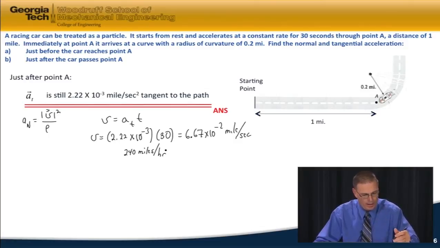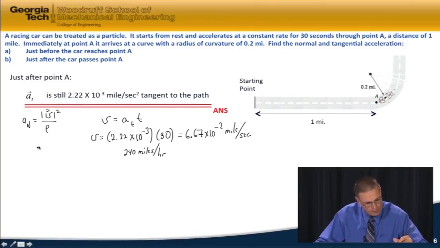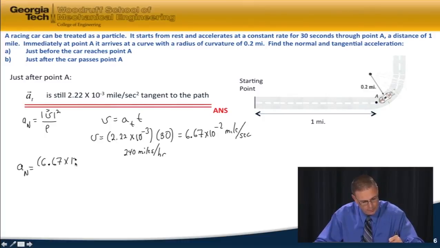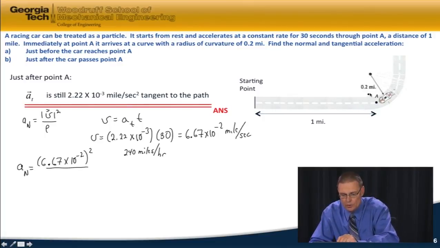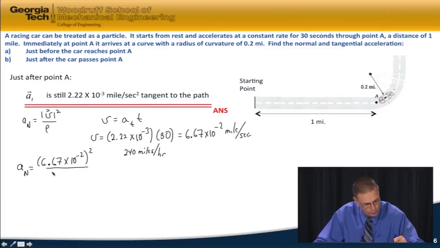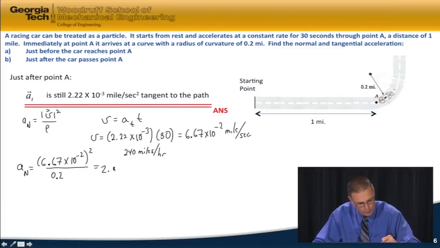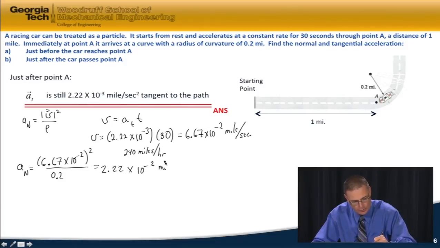Okay, so now we have the magnitude of the velocity. So we have A normal is equal to 6.67 times 10 to the minus 2, squared, over the radius of curvature. And the radius of curvature of this curve is 0.2 miles. And so this gives us 2.22 times 10 to the minus 2 miles per second squared.